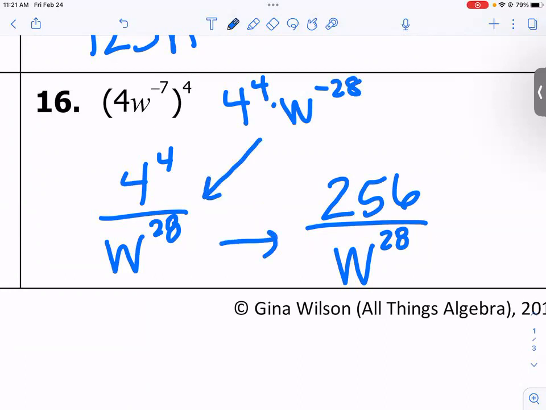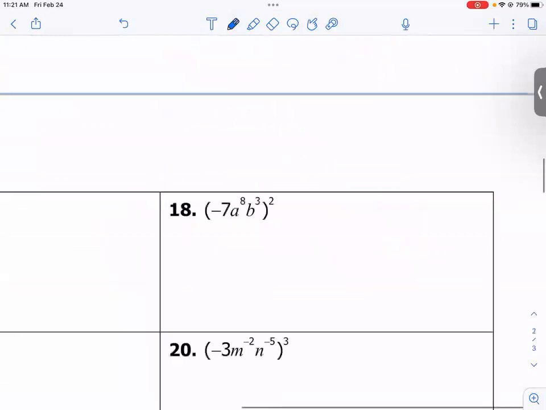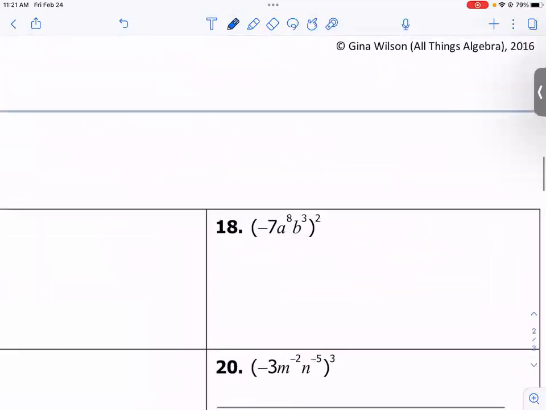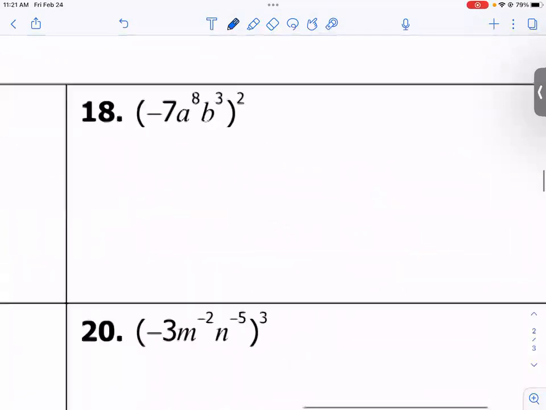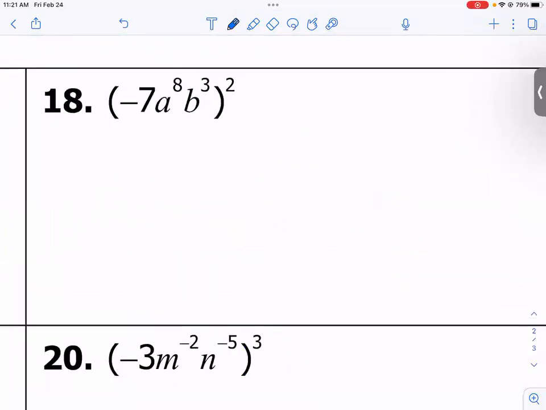All right, let's go ahead and slide over to that next page. I want to talk about this guy right here because we have -7. Okay. So we are pretty good about knowing that this needs to be a to the 16th power and b to the 6th power, right? Power to a power, we're multiplying those. Do you agree? Okay. Now, that -7 gets the power of 2. But what did I tell you about negative bases?